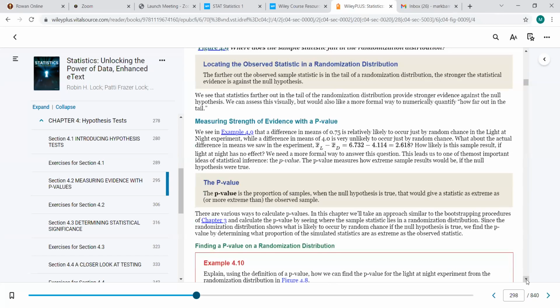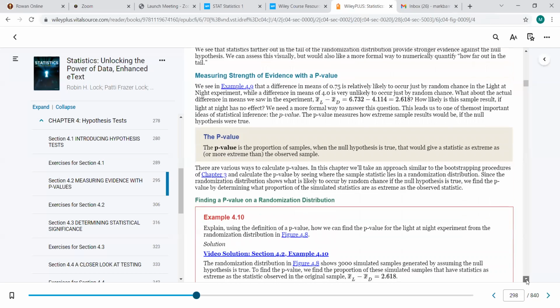If we calculate the proportion of samples out of the 3,000 samples in this case that would give us statistics as extreme or more extreme than the observed sample, and that p-value is really small, that would support the idea that the null hypothesis is not true, that it's probably the alternative hypothesis that is true. If the p-value is larger, that would provide less evidence of rejecting the null hypothesis, because it could just be due to normal variation, right?